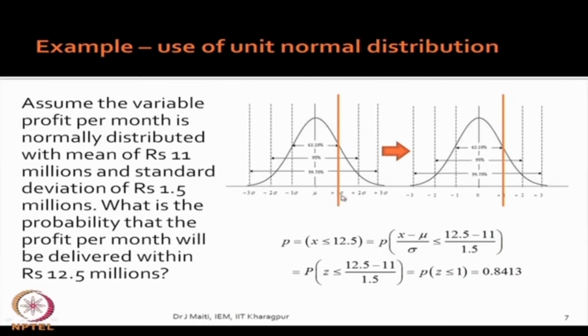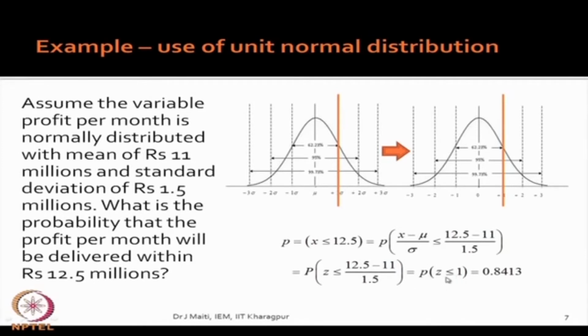As sigma equals 1, the mean will now be 0, and the marks will be 1, that is minus 1, minus 2, minus 3, like this. So, this is the z line, because you are interested in the probability of profit less than or equal to 12.5 rupees million, and if I convert it into a z value, it comes to 1.